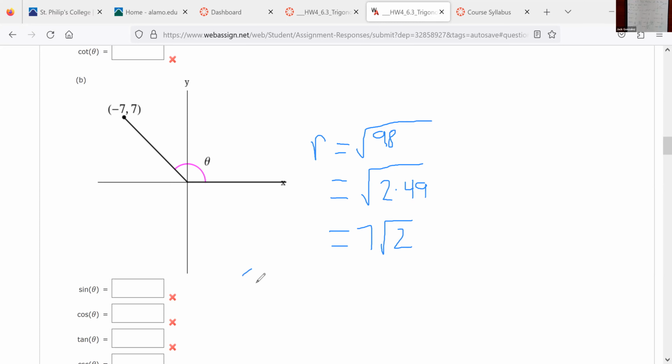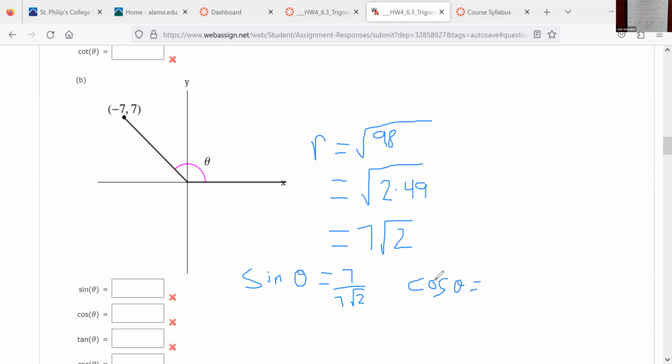So sine will simply be the y value over this guy. Yeah, it's the same. When you do the cosine though, I want to make sure you don't forget the negative.